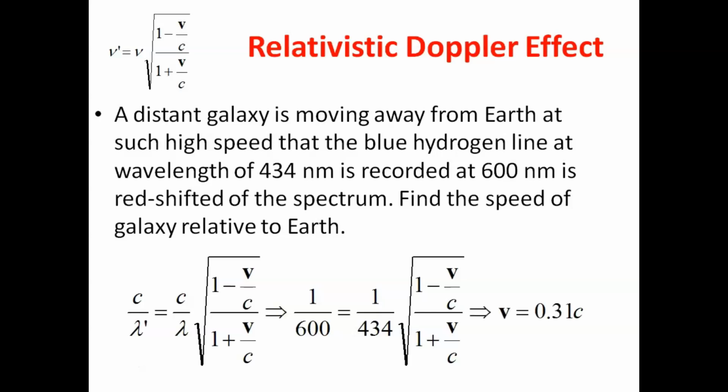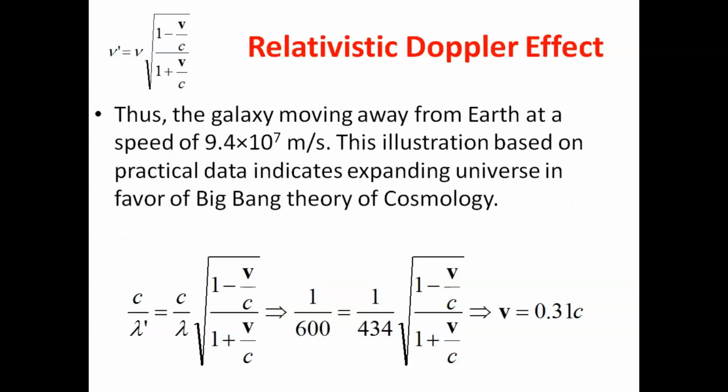That turns out to be 0.31 c. Thus the galaxy is moving away, redshift causes moving away. Thus the galaxy is moving away from Earth at a speed 9.4 into 10 power 7 meter per second. This illustration is based on the practical data indicating expanding universe in favor of Big Bang theory of cosmology.